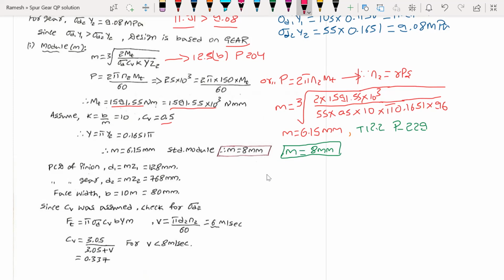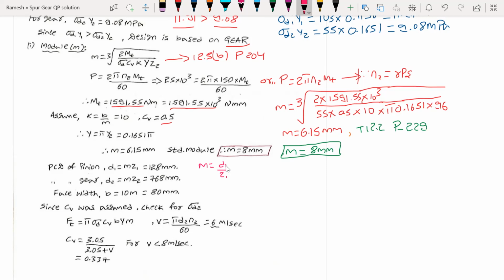After finding the module, next you need to find out the face width. First you need to find out the pitch circle diameter of the pinion as well as the gear. From the module formula, which is there in your data book, module is equal to the ratio of pitch circle diameter divided by number of teeth.